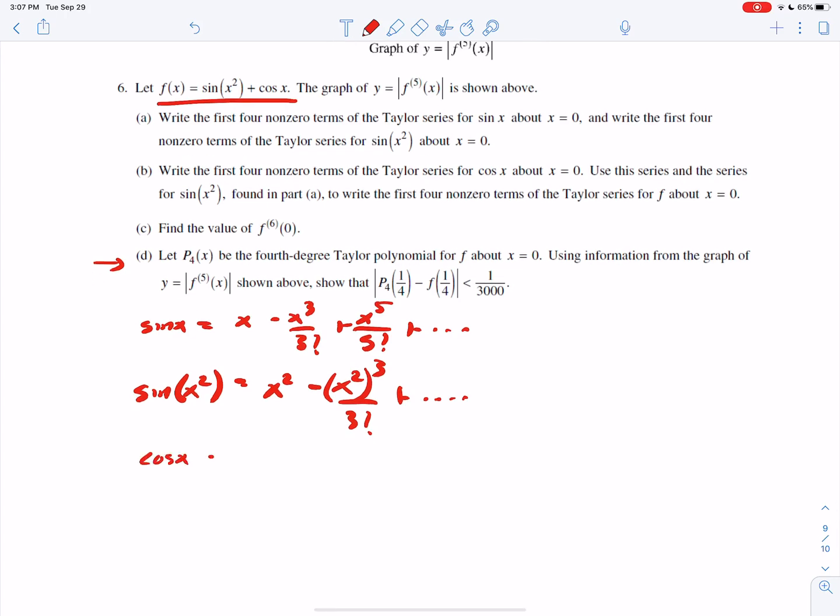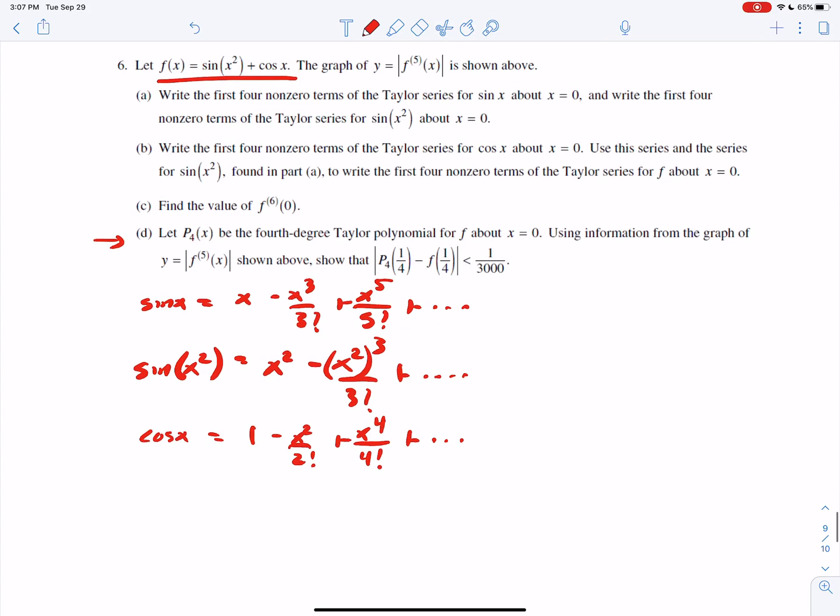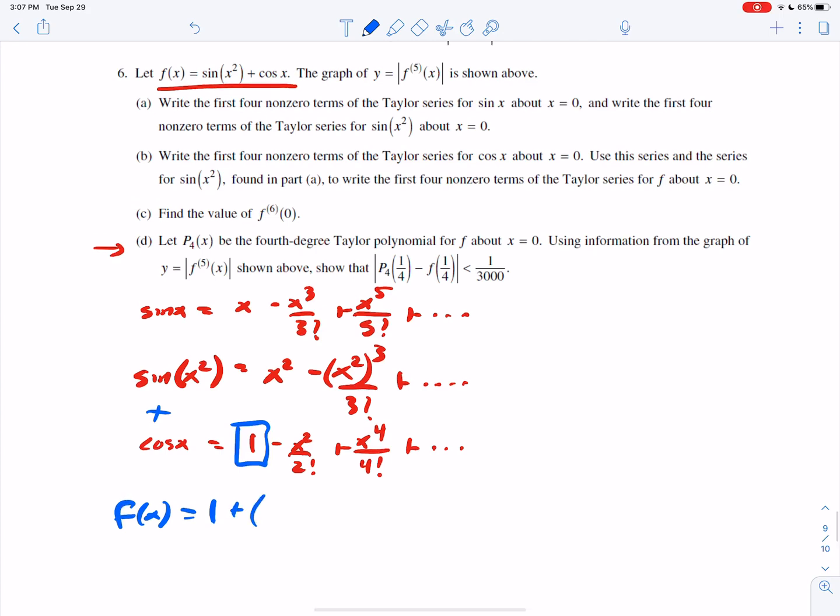Cosine x is just going to be 1 minus x squared over 2 factorial plus x to the 4th over 4 factorial. I think that's going to be enough. So f of x is this plus that. So if I take a look, it's going to be 1 plus something x squared here.